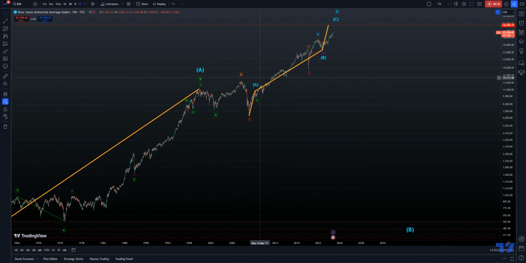So it seems to me like, okay, for starters, I would never call what happened since the GFC an impulsive 5-wave move. I just can't call it that. It doesn't make any sense, right? All I can see is a bunch of corrective patterns within a zigzag, wave B, right? Now, this is open to interpretation.